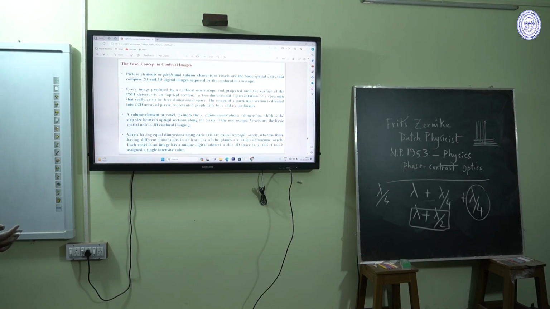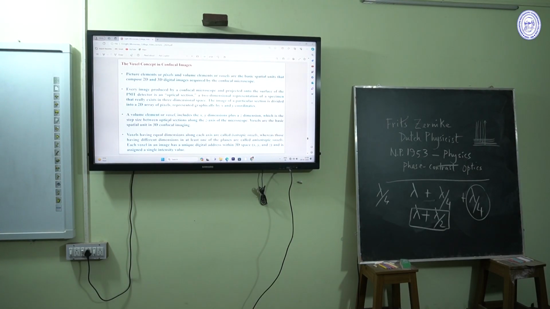Pixels are picture elements that are present in the X and Y directions. But the voxel, that is the volume pixel, has a 3D conformation. That means X, Y axis along with the Z axis.